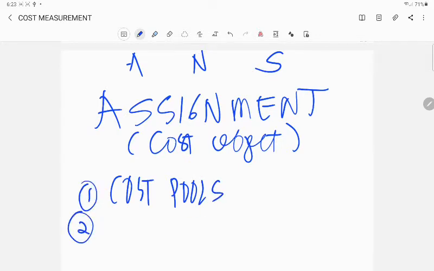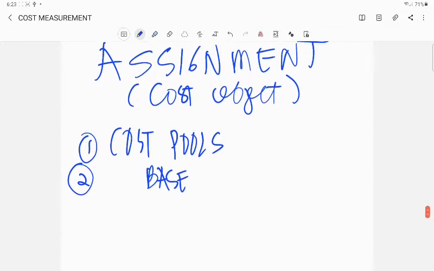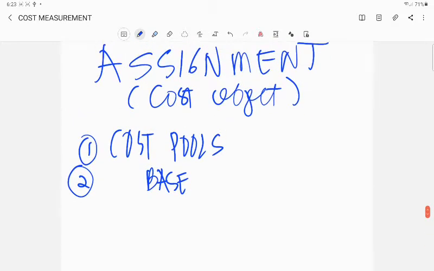At ano pa ang pag-uusapan natin aside from cost pool? We have to look at the base, no? Our base aside from the cost pool. Okay? So, dahil tinatanong ko yan as experience point, wrap up ko na lang ito banggitin, no, sa pangatlong video.